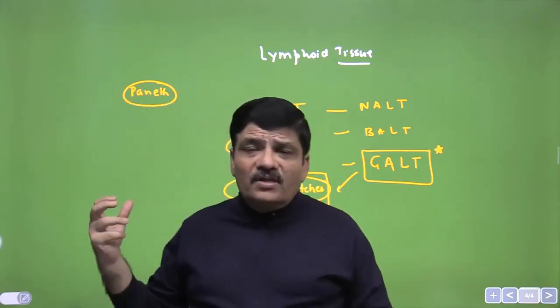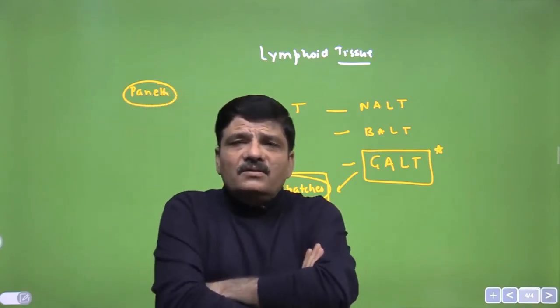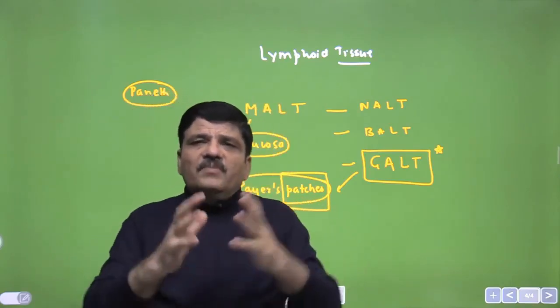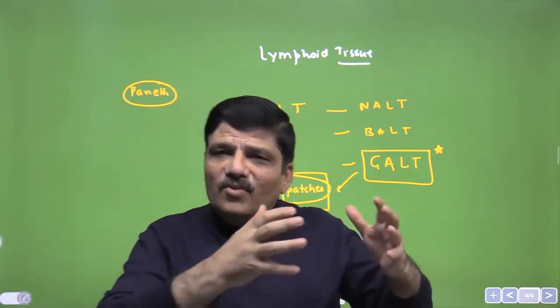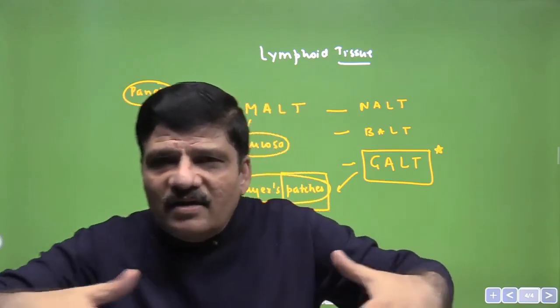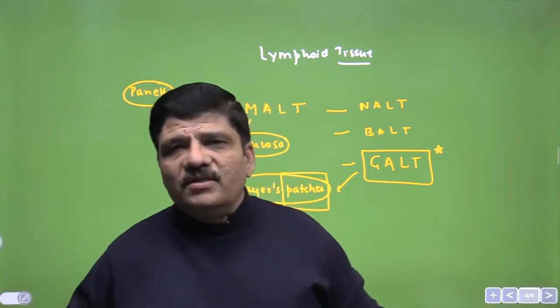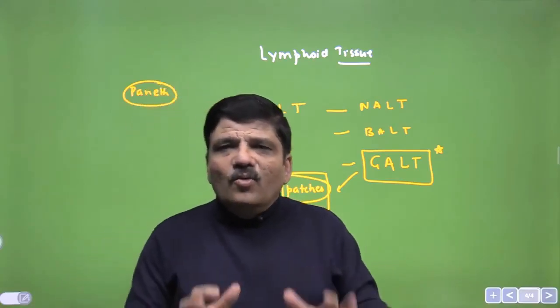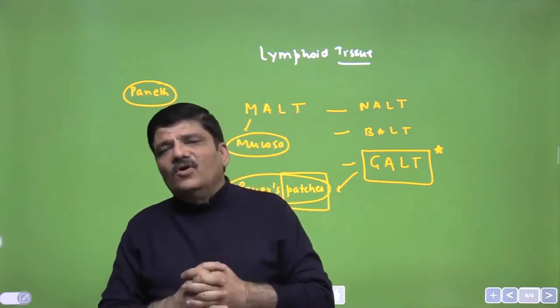Occasionally they may be seen in cecum and appendix as well, but 50% of all lymphoid tissue in the body is mucosa associated lymphoid tissue. This is not at one place, and this is scattered throughout, associated with the mucous membrane located at various locations in your body. So I hope you have understood the questions that can come from your immunity.